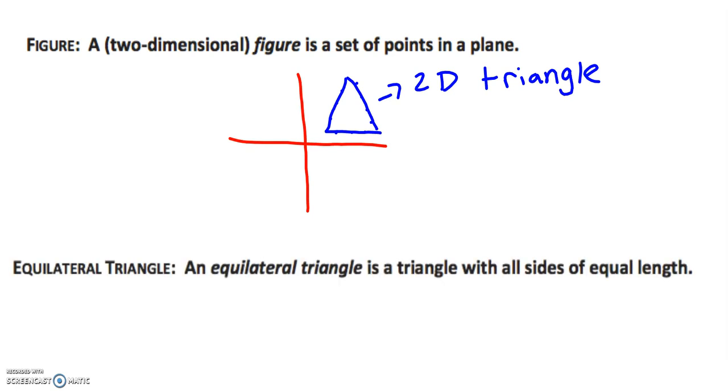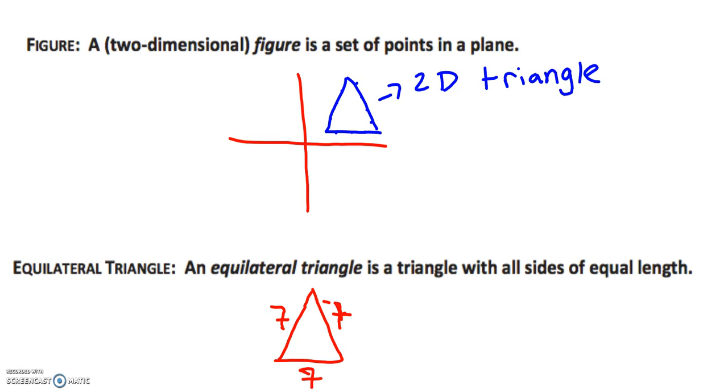An equilateral triangle is a triangle in which all sides have the same length. We know how a triangle looks. Equilateral means if this side is 7, then the other sides have to be 7 as well.